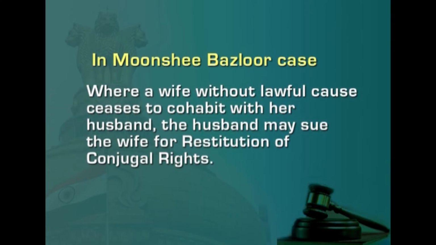A Muslim husband can defeat a wife's petition for restitution at any time by pronouncing talaq on her. In Munshi Bazlur case, it was said that where a wife without lawful cause ceases to cohabit with her husband, the husband may sue the wife for restitution of conjugal rights.